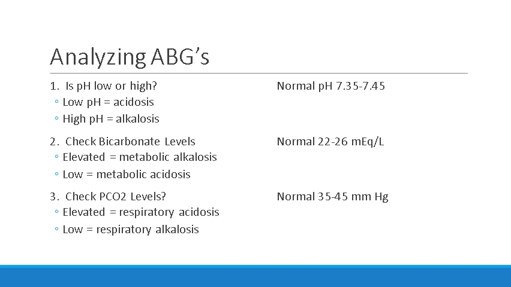Normal PCO2 levels are 35 to 45 millimeters of mercury. They'll be elevated for somebody that has respiratory acidosis. They're going to be decreased or low for somebody that's in respiratory alkalosis. You have to be able to memorize the normals: the normal pH range, normal bicarb range, and normal PCO2 range. You'll get a lot of practice with that when we do our problems.